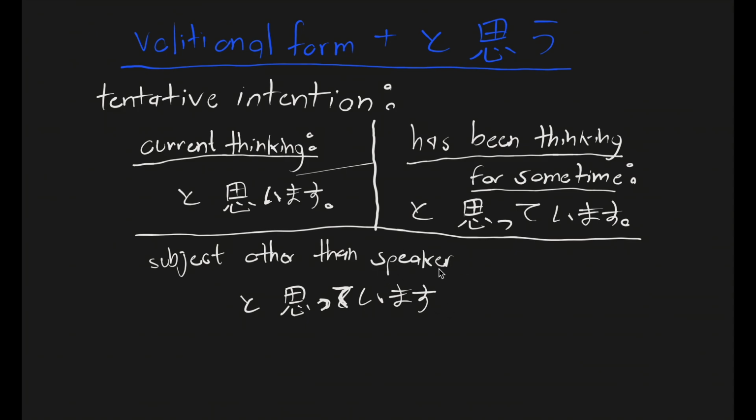So it's like saying, let's say Yosef has been thinking for a long time about going to SeaWorld versus Yosef is thinking about going to SeaWorld. In both of those, you would use to omotteimasu.